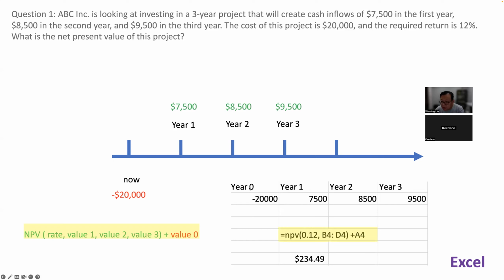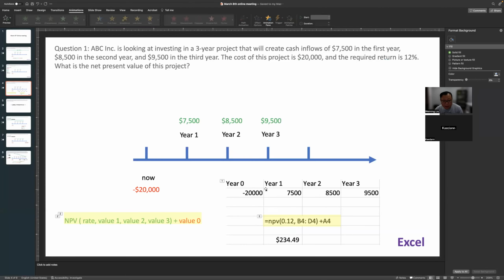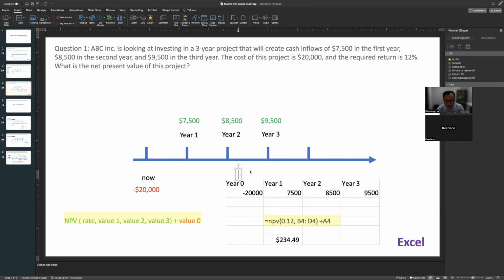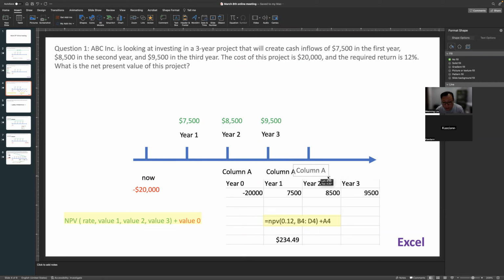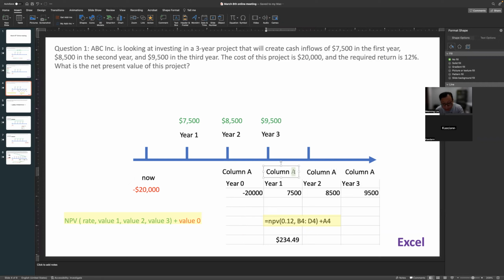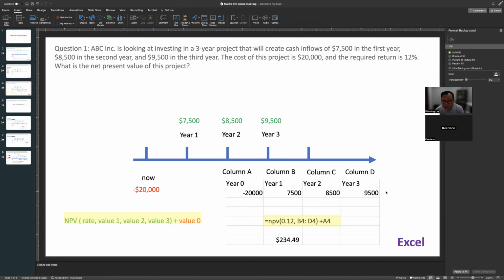the initial investment. So maybe I should make this clear by adding more information. Now maybe it's a little bit confusing here. I'm going to put here column A. This is column A. And columns B, C, D. And this is row 4.